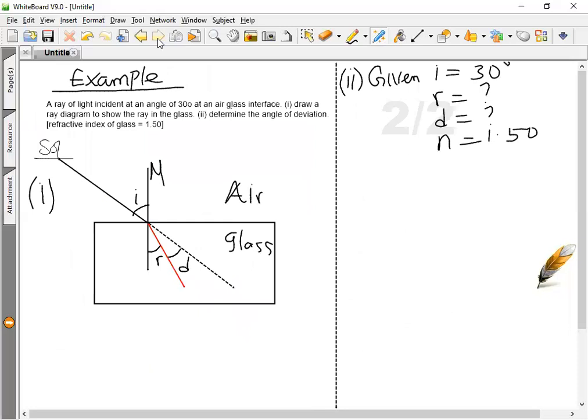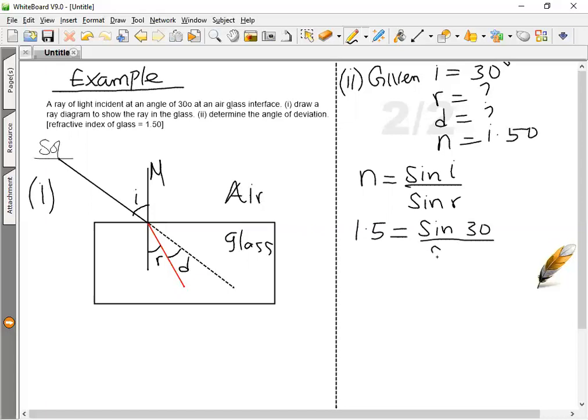First, to do that, remember we had this formula. Refractive index equals sine i all over sine r, which means 1.5 will be equal to sine 30 all over sine r.